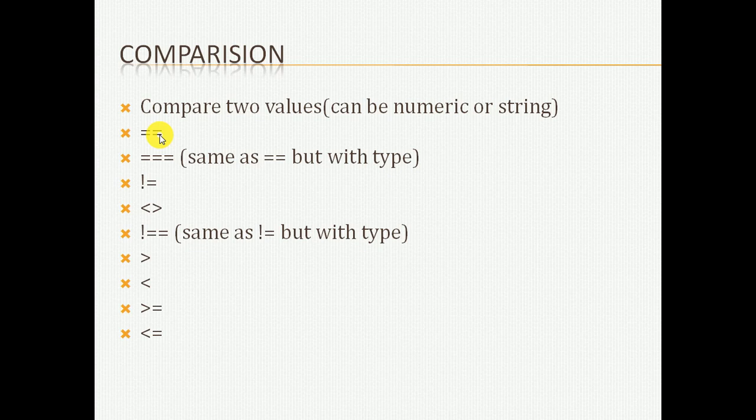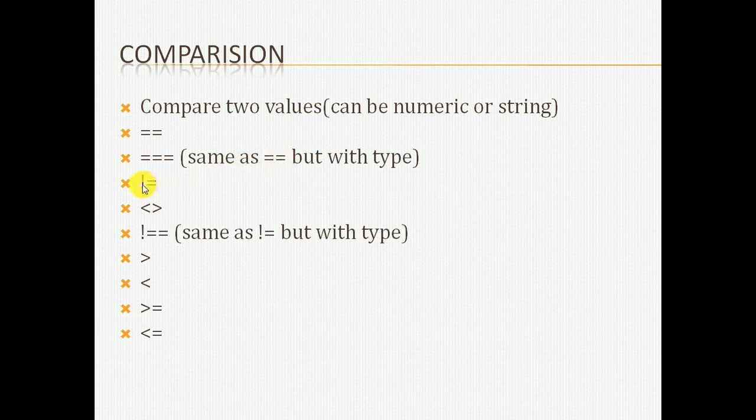So let's say for example $x is equal to 1 and $y is equal to string 1, right? Now if I say $x double equal to $y, then it would be equal, but if I say $x triple equal to $y, then it would not be equal, because there we are comparing the type. $x is of type integer and $y is of type string, so they are not equal, hence it would return false.